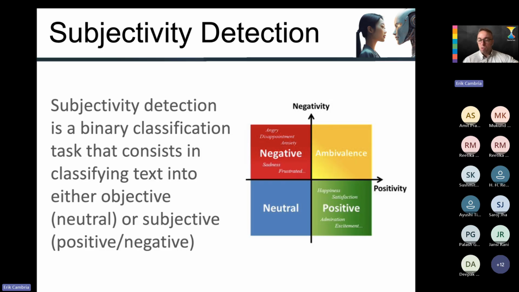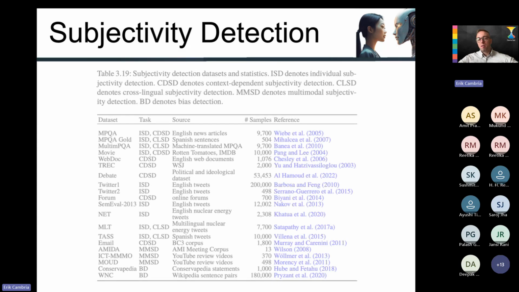So there's actually much to discuss here, because there's also the dimension of ambivalence, where you have contrasting opinions about the same opinion targets in a sentence. But this is something that I will discuss later when we talk about aspect extraction. So a lot of ambivalence can actually be resolved by aspect extraction, but nonetheless, it's good to do subjectivity detection before you do aspect extraction and sentiment analysis.